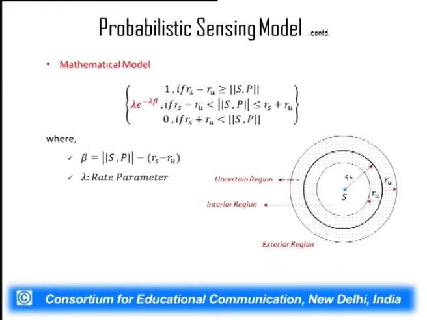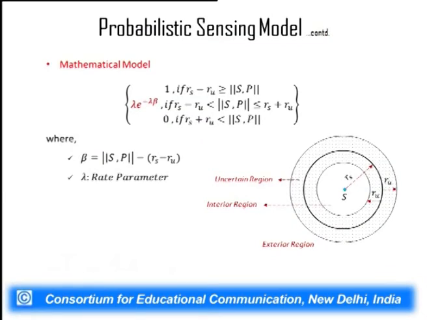And be very careful about the distance, that is the Euclidean distance between S and P. S is the position of the sensor node, and P is the position of the point where the event is getting triggered. So, the Euclidean distance should lie within Rs minus Ru if the event is to be recorded with probability 1.